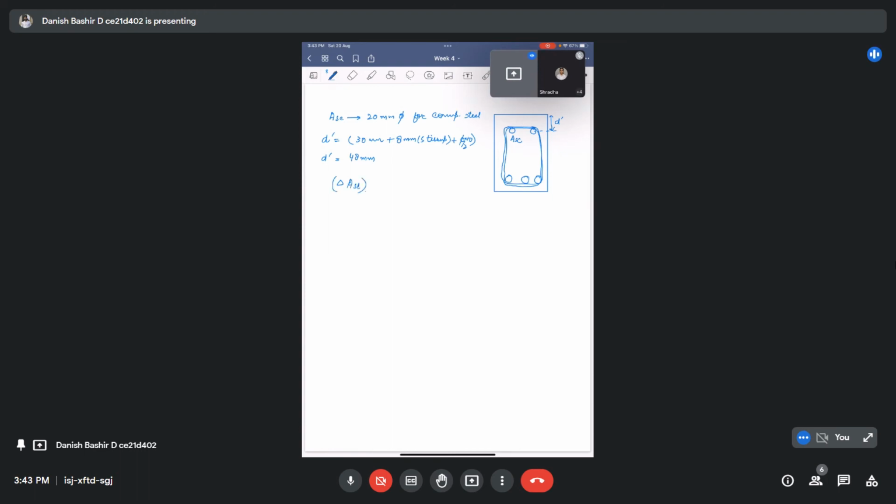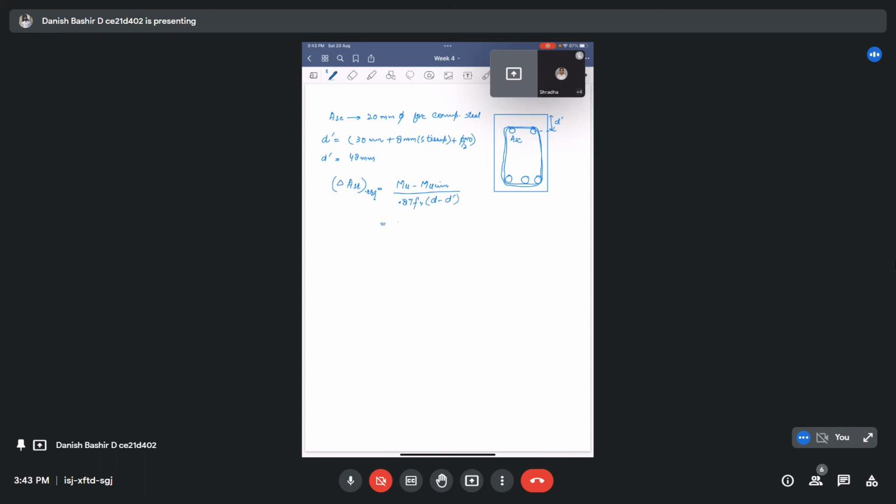So delta AST I will be requiring. I have a formula for that: Mu minus Mu limiting over 0.87 Fy into D minus D dash. We have all the values with us.